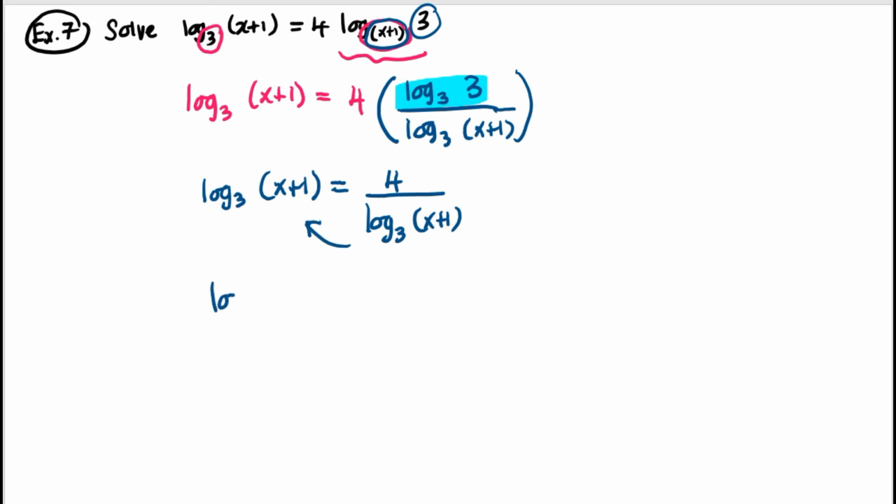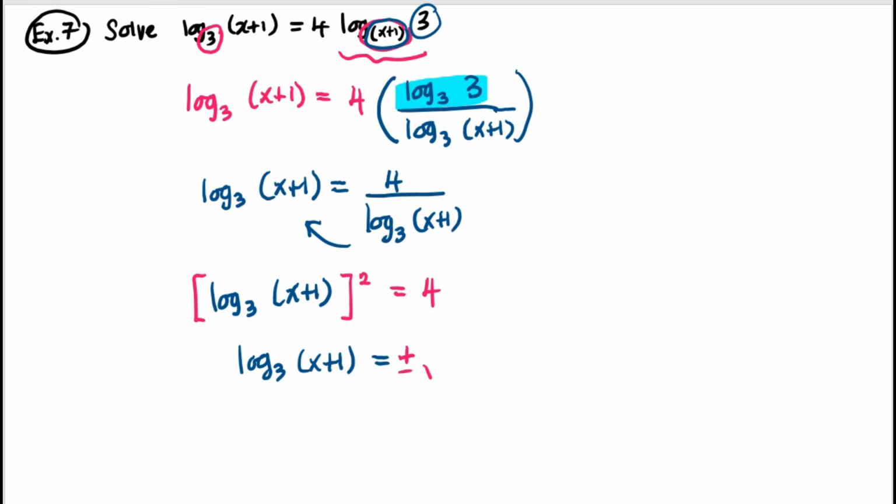This will give us log base 3 of x plus 1 squared, because you multiply the same thing here, and this is given by 4. To remove that square, you have to find the square root. So log base 3 of x plus 1 will be plus or minus the square root of 4, which is plus or minus 2.